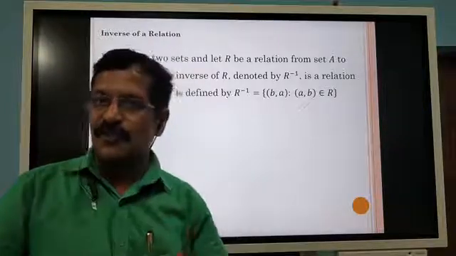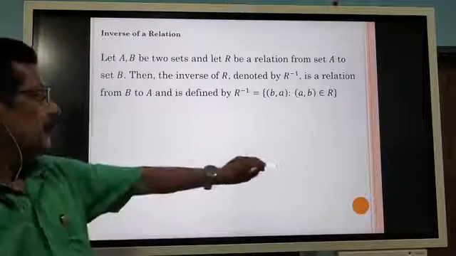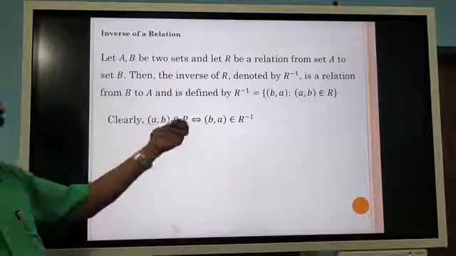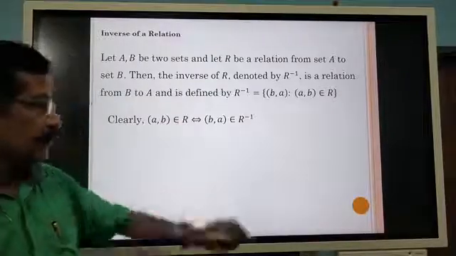That relation is called the inverse of the relation R. Clearly, (a, b) belongs to R if and only if (b, a) belongs to R inverse.